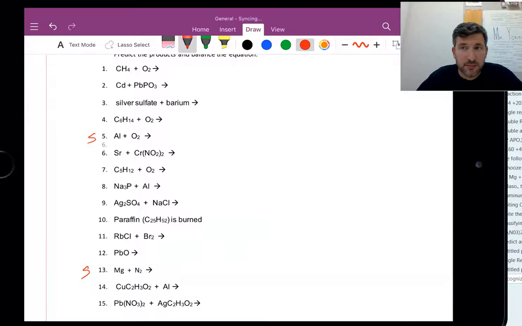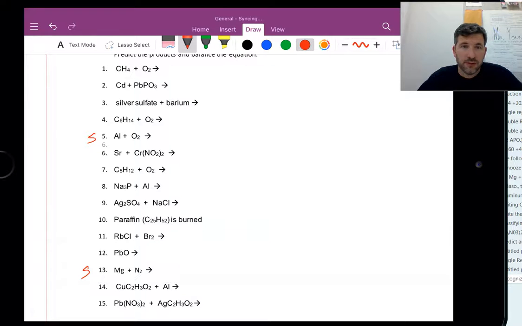So then let's talk about decomposition. Decomposition is just the opposite of synthesis. So instead of starting with two free elements, you're going to start with one compound only. So you have only one thing on the reactant side of the equation.